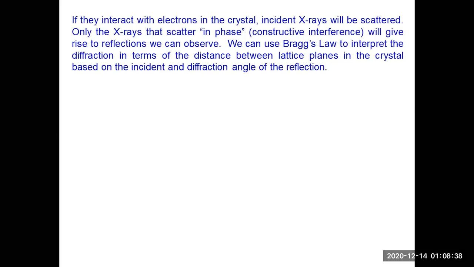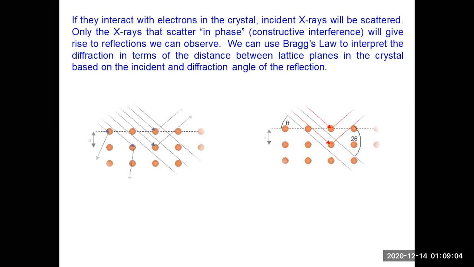When these planes have been formed and they interact with the electrons in the crystal, it means that any incident X-ray will get scattered. How are the X-rays scattering? I will show you the diagram of how these X-rays are getting scattered.